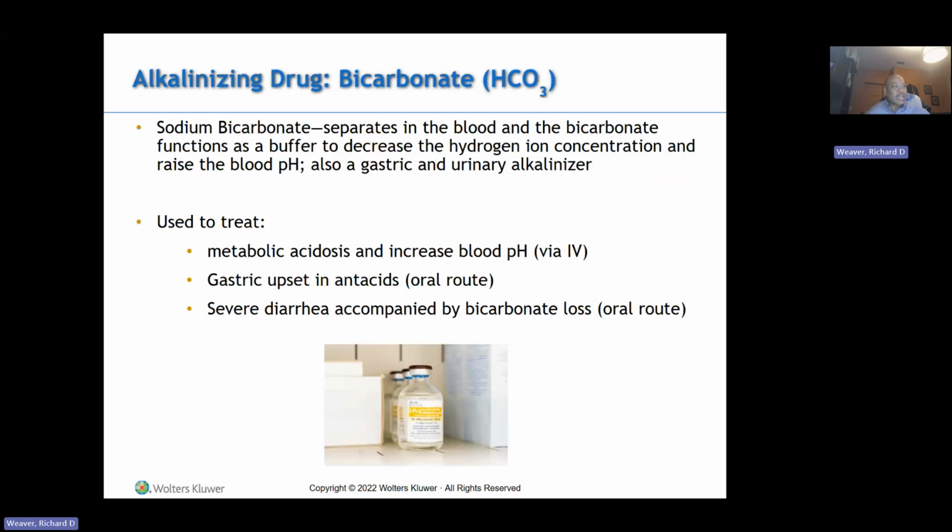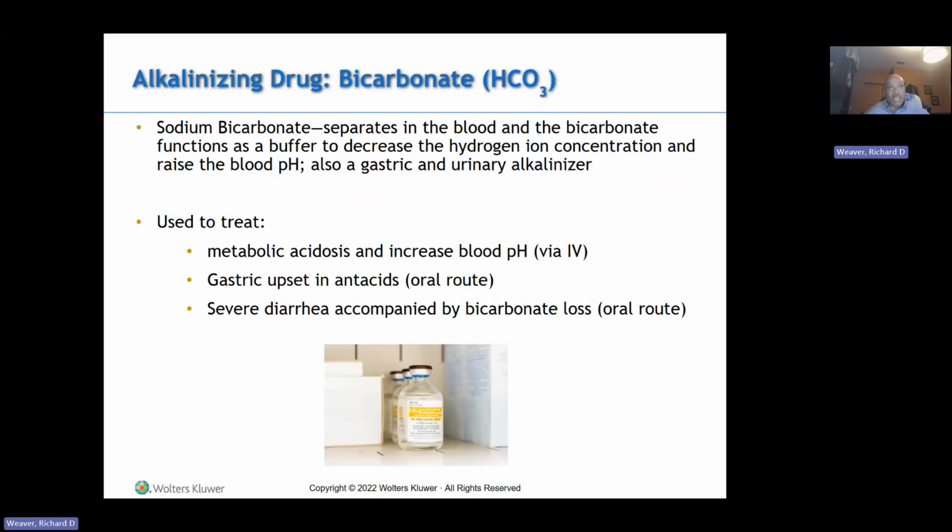Gastric upset and antacids, the oral route. Also, we use it to treat severe diarrhea accompanied by bicarbonate loss, and we give it orally. In other words, when someone has diarrhea, you're losing a lot of base, so the patient can become acidotic.